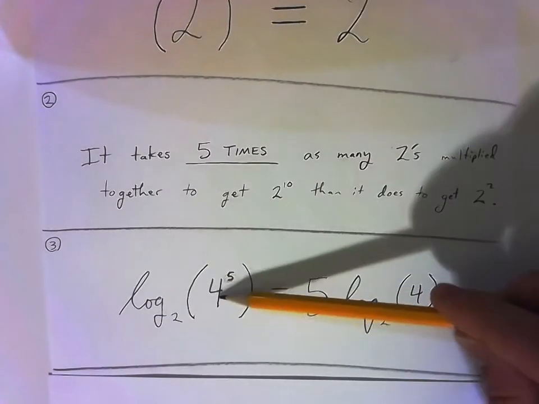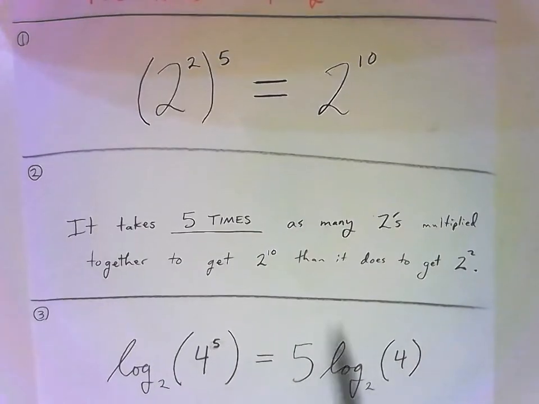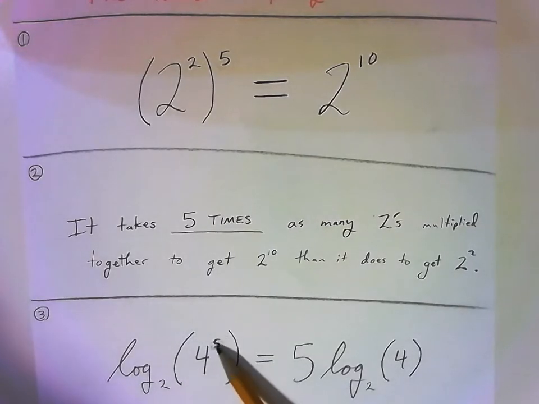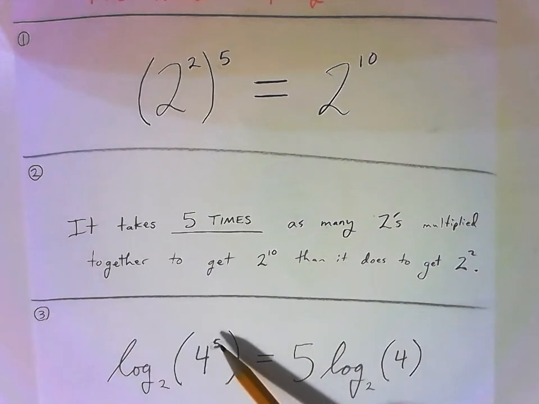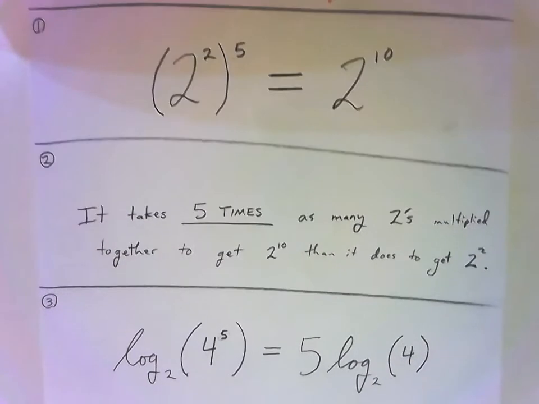So 4, I changed the 2 squared to a 4. So 2 squared to the 5th, the 5 will just come out because the log is saying how many of these do I need multiplied together? You need 5 times as many. So just get rid of that exponent and say 5 times whatever log of 4 is, base 2.